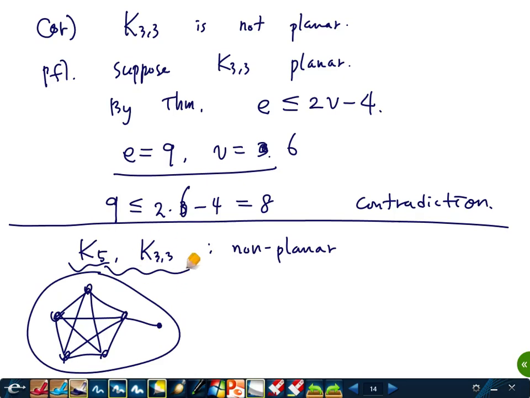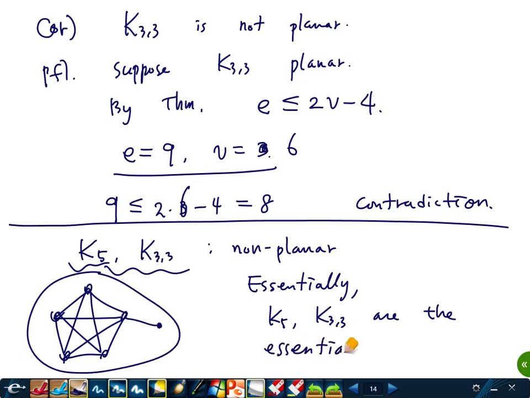We have to define some terminology more precisely, but essentially, K5 and K3,3 are, a little strange to say, the essential non-planar graphs.